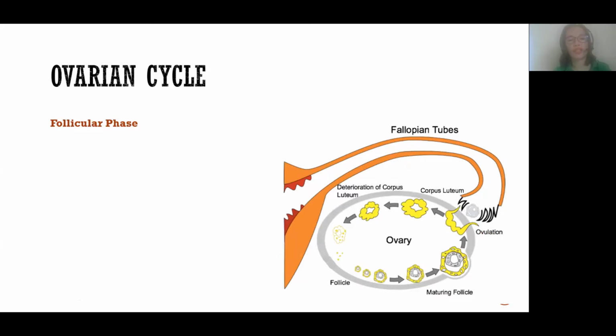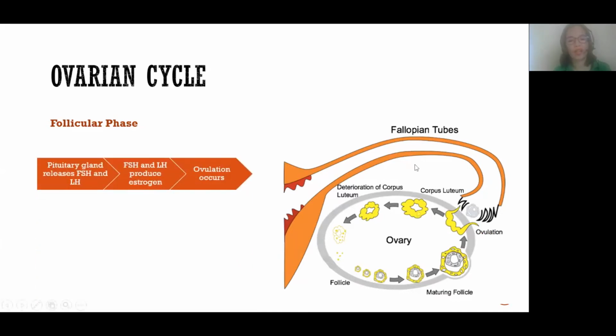Okay, so in the follicular phase, let's see what is happening. So first, the pituitary gland releases two important hormones: follicle stimulating hormone and luteinizing hormone. And the two, of course, are responsible for producing the estrogen. Take note that in the picture a while ago, estrogen is increasing in preparation for ovulation.